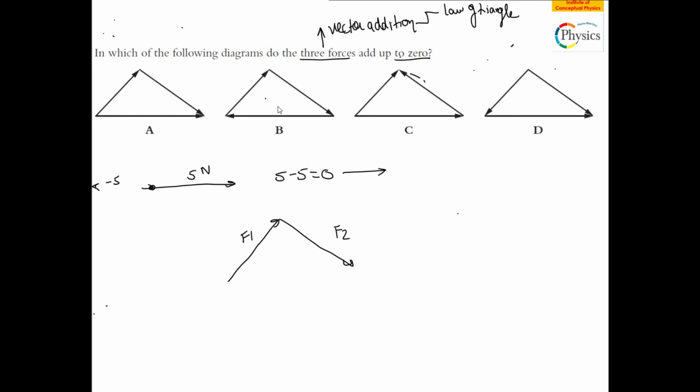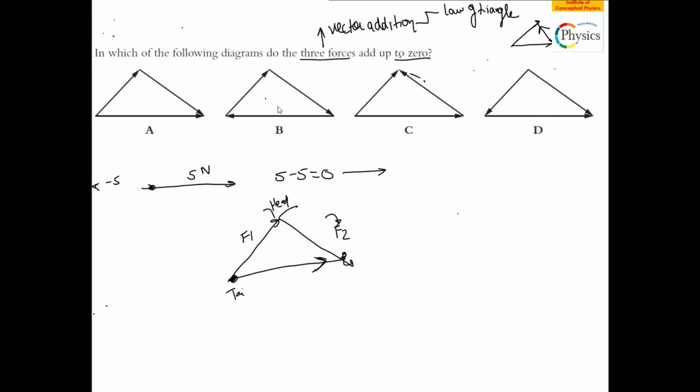It tells you if you have two sides of a triangle, the third side represents the resultant. Now if you notice these two, this is the resultant. The tail, the head, and then a tail, and then the head, and then the resultant starts from the tail of F1 and the head ends at the head of F2. That's the way you make use of the resultant.